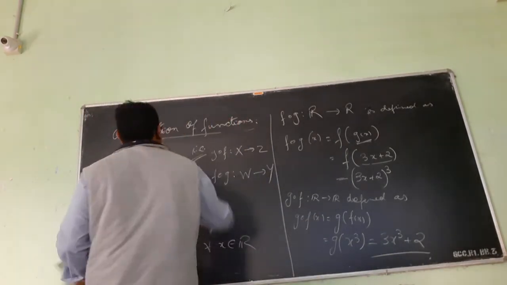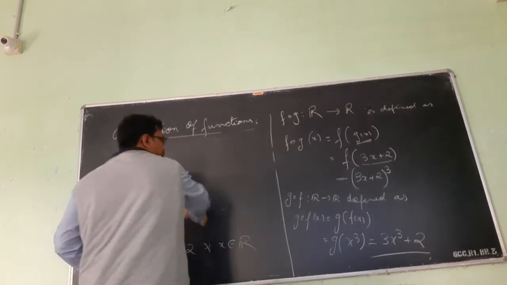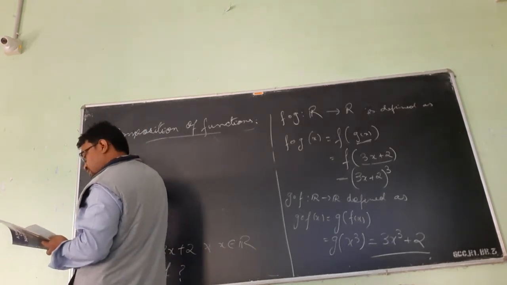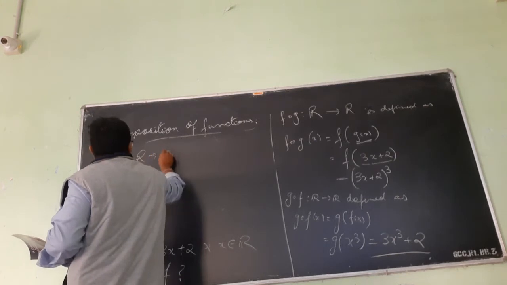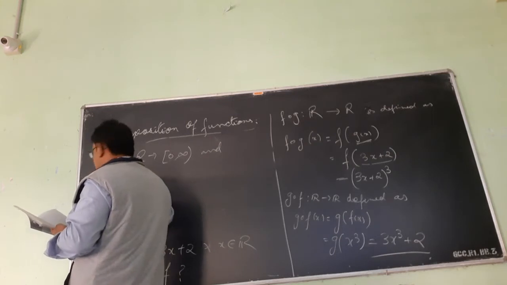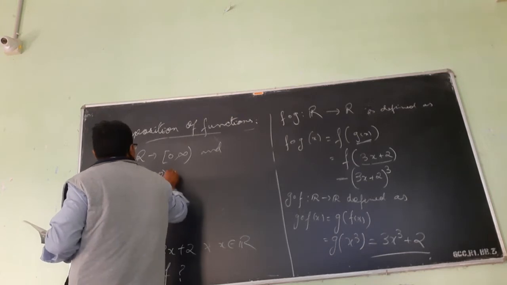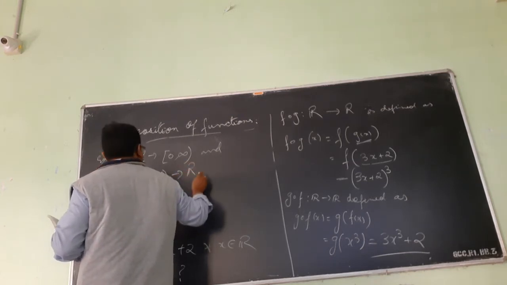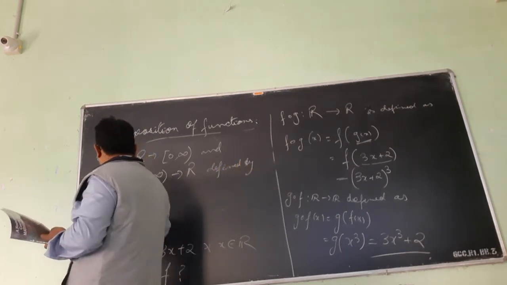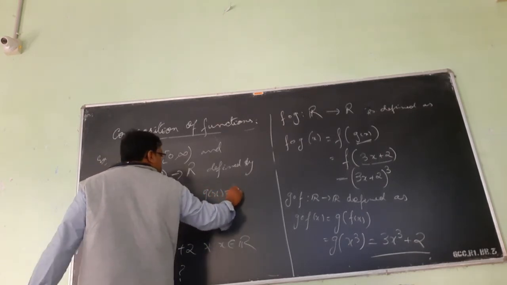Okay, let us try another exercise. f is a function from R to [0, infinity) and g is a function from [0, infinity) to R, defined by f(x) = x squared and g(x) = root x.